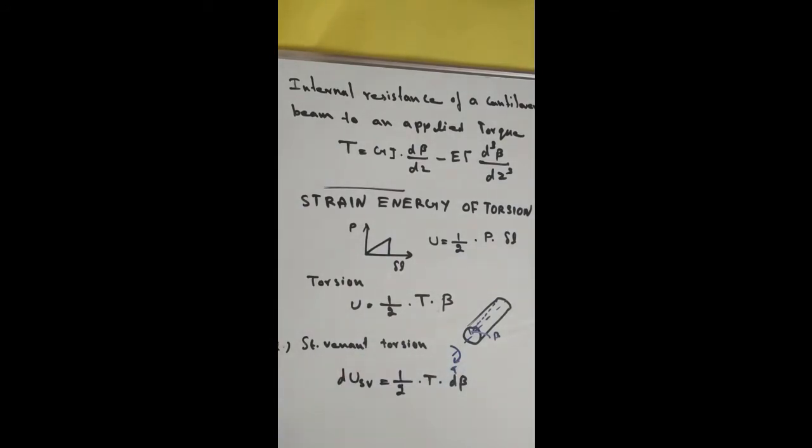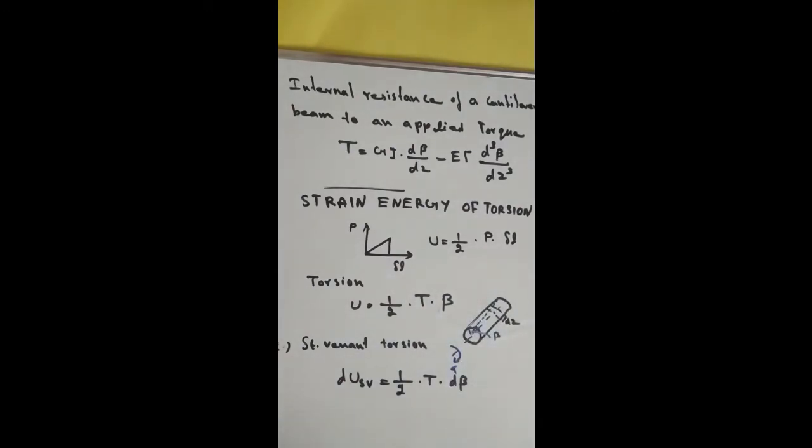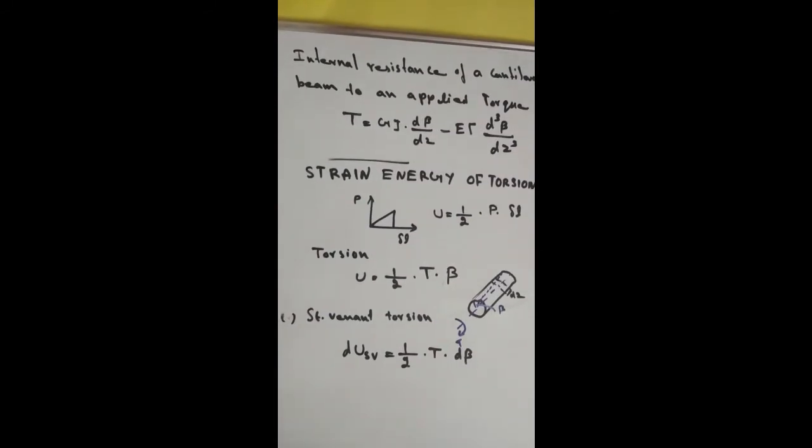The small change in angle I am considering as d beta. So the Saint Venant's strain energy is 1/2 of the product of torque and change in the angle of twist, considering a small distance dz. The change in angle of twist I am taking as d beta.